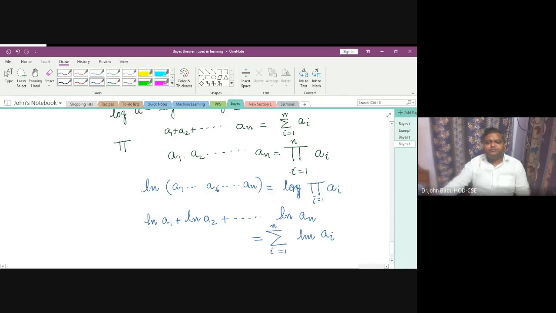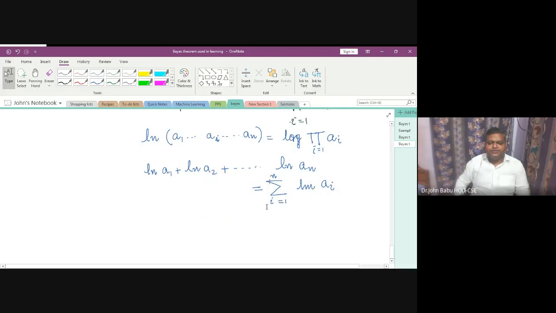So what you have to remember, what we will be using in further formulae or theorems, is that when you have a pi and we apply logarithm, this becomes a sigma.